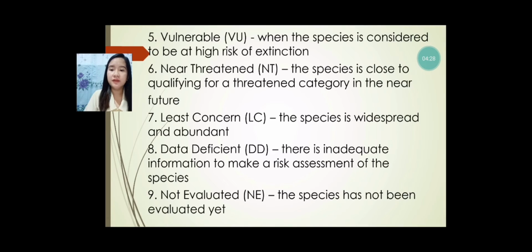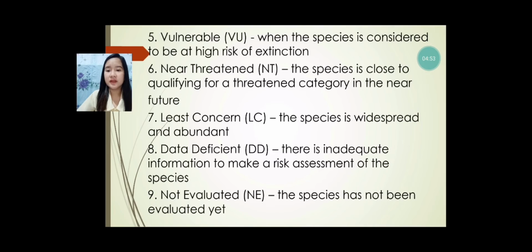Examples are the molave and the dugong. Number 6, near threatened. The species is close to qualifying for a threatened category in the near future. Examples are the bull shark and the soft cauliflower coral.